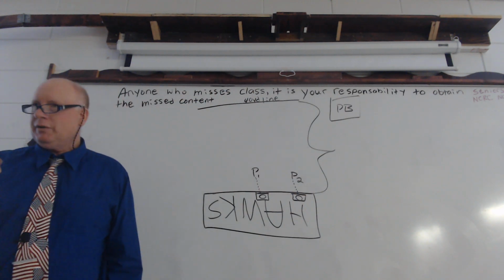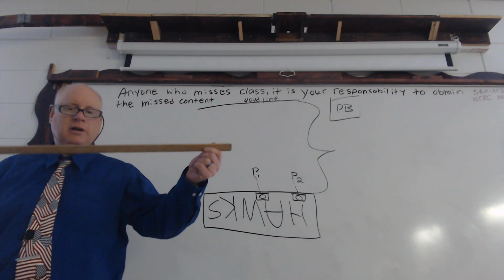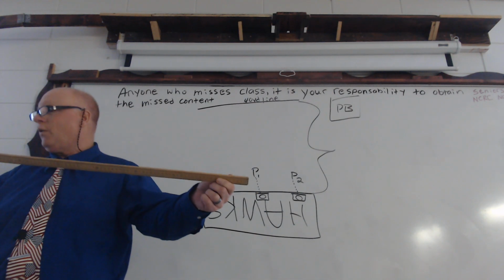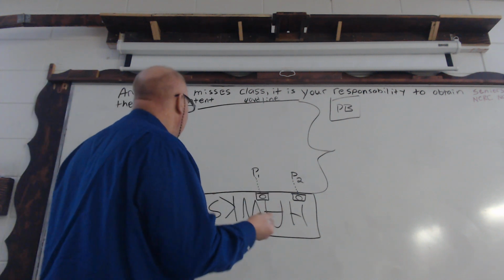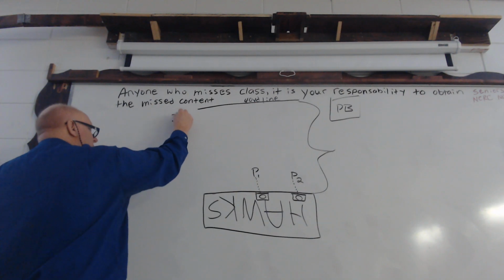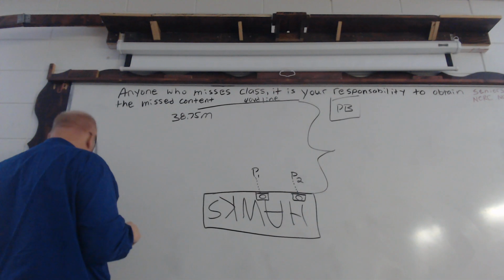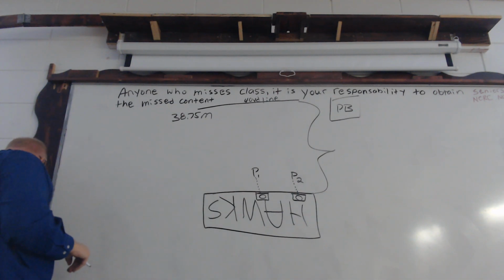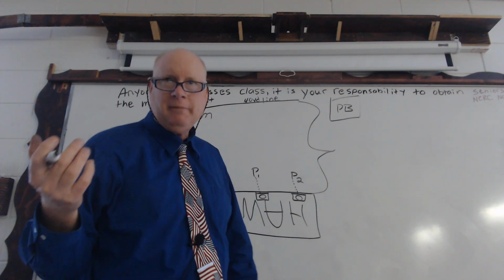Since this is just a little bit longer than a yard, this is 40 inches rather than 36, I think we just throw a number out there and say, by the time you get up to there, maybe 38.75 meters.